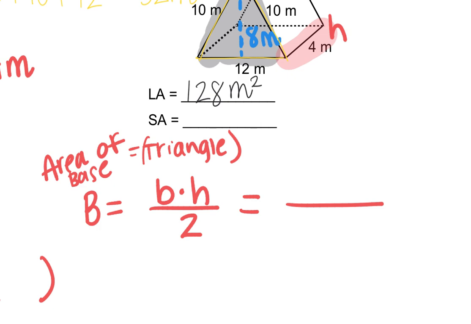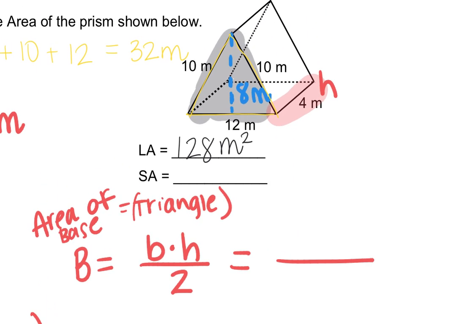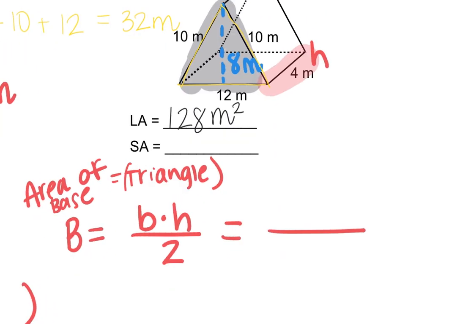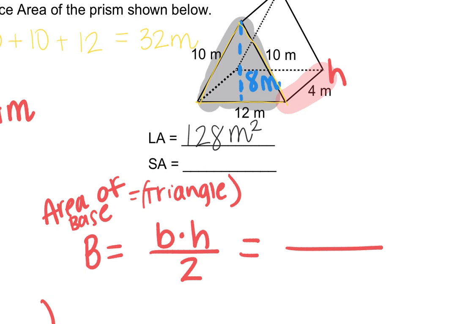Okay, so let's look at my triangle here. So I'm going to just redraw my base here, which is a triangle, just so that it's a little bit clearer, just because there's a lot going on in the picture itself. So this is my triangle. I know I tried my best to draw it as best as I could.